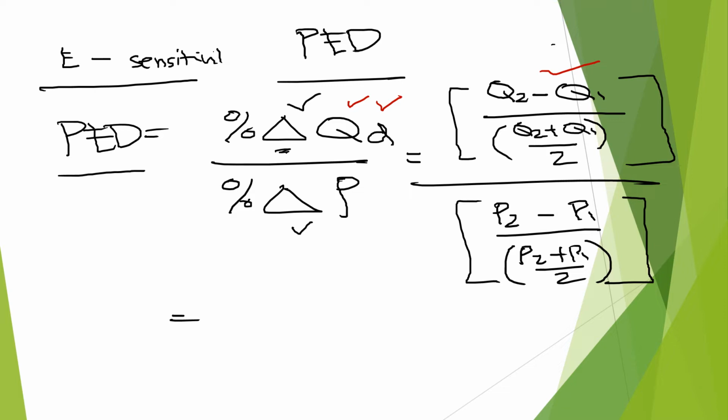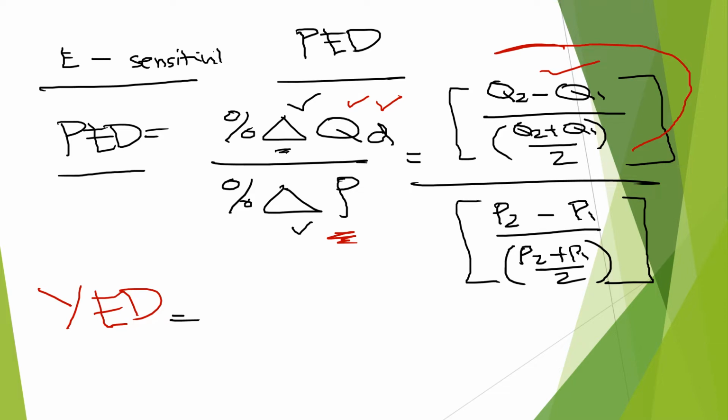If we're talking about the income elasticity of demand, YED, since income now is the independent variable instead of price, and then demand is affected by income, then we can keep this one, Q2 minus Q1, over the average of Q2 and Q1.